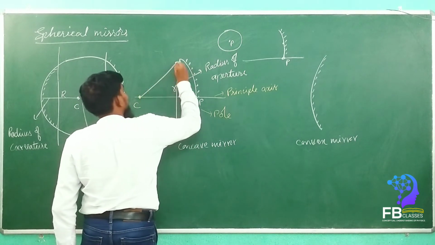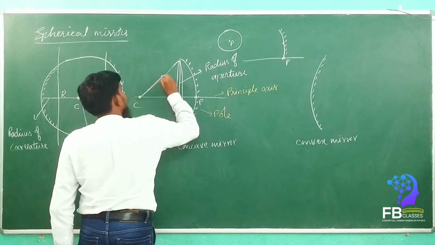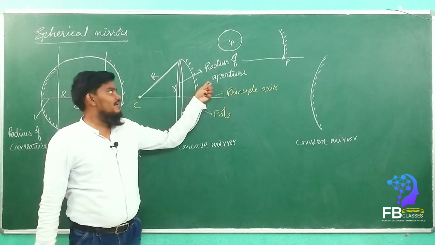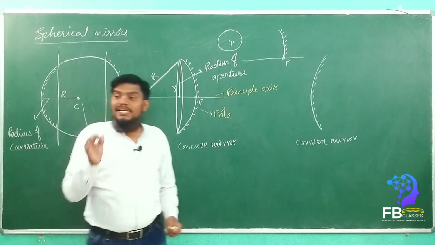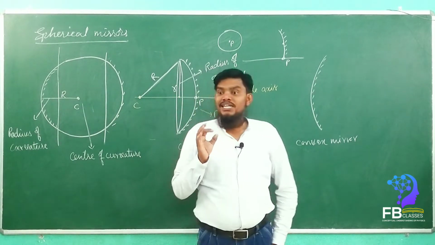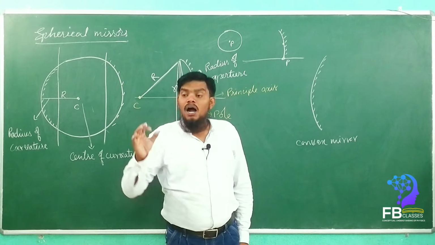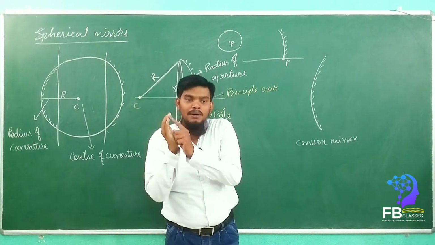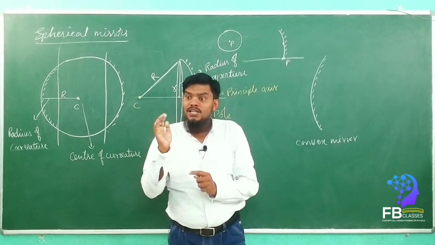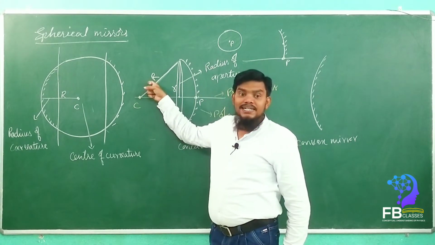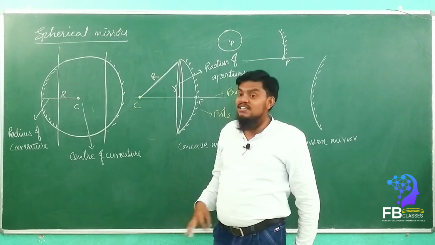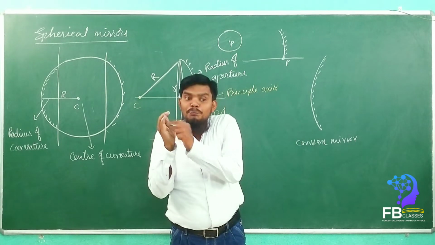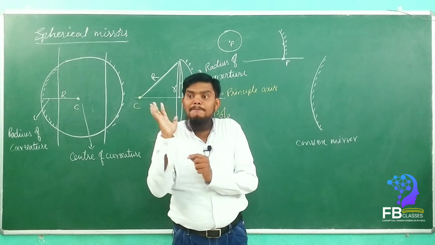Radius of curvature means this is the radius of curvature. This is a capital R. This is the radius of curvature, and this is the radius of aperture. So the radius of curvature gives an idea of how much the mirror curves. But the radius of aperture gives an idea of how big or how small the mirror is.